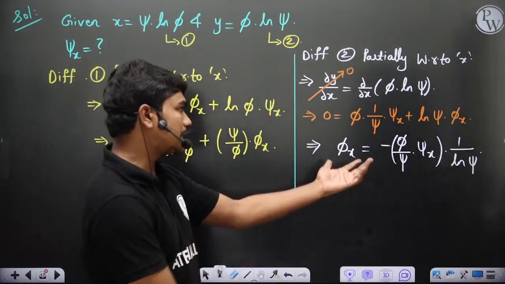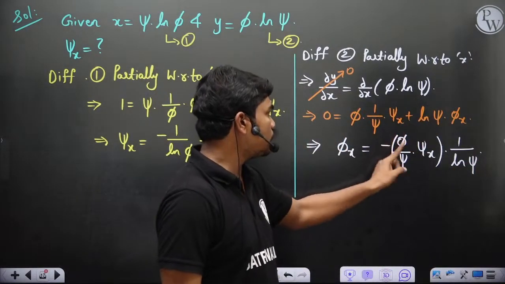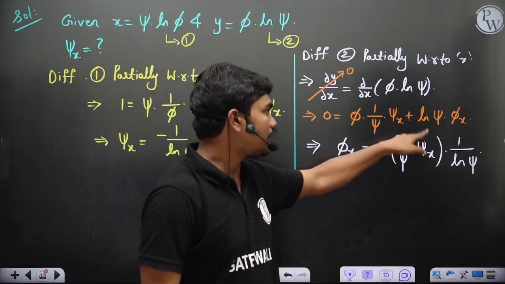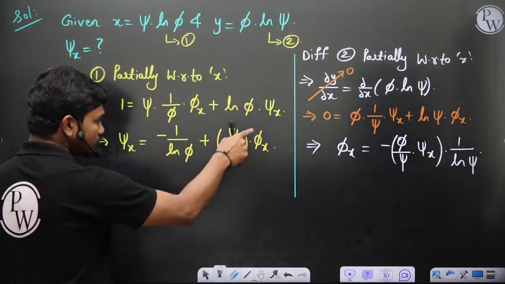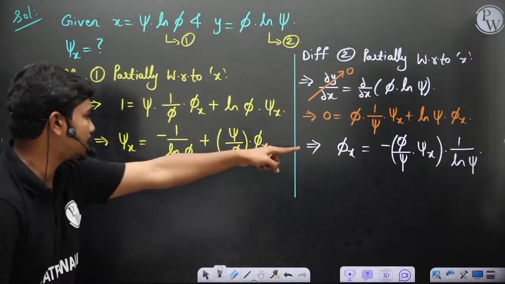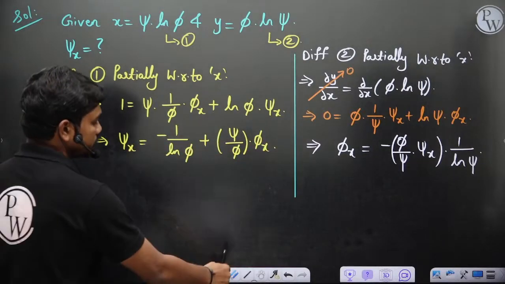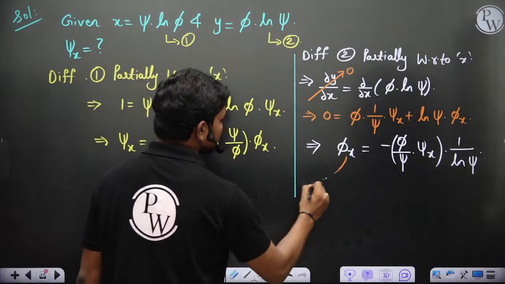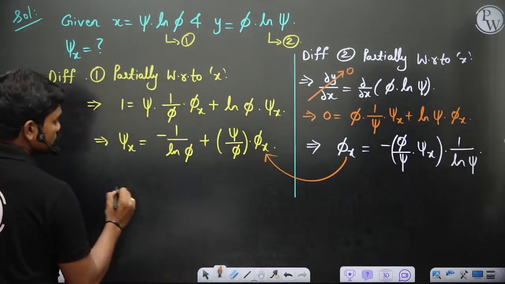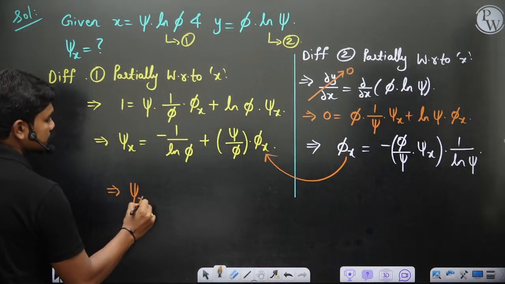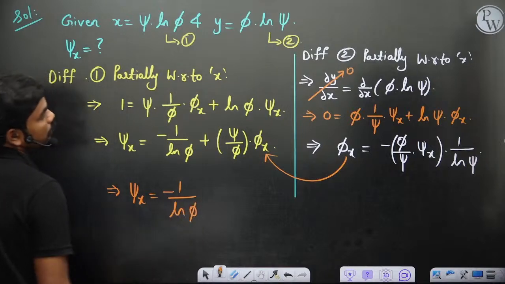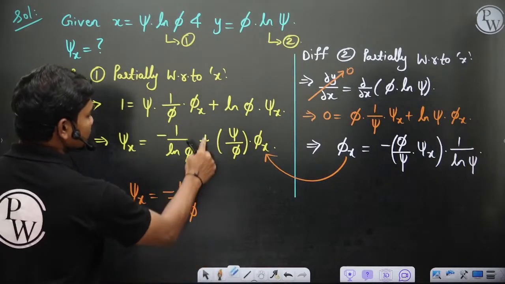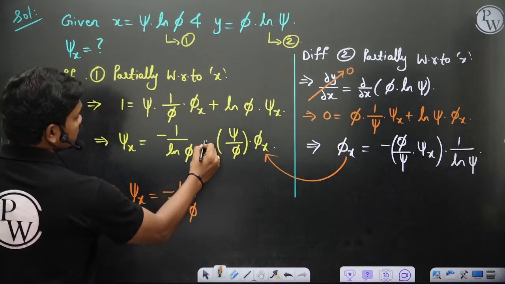So phi x is equal to minus of this combination divided by ln psi. Now, since phi x is not there in the options, we can replace this phi x in this equation. Bring this phi x and put it in this equation. So this tells you psi x is equal to minus 1 by ln phi times minus 1 by ln phi. I think this is multiplication, right? Sorry, this is multiplication.